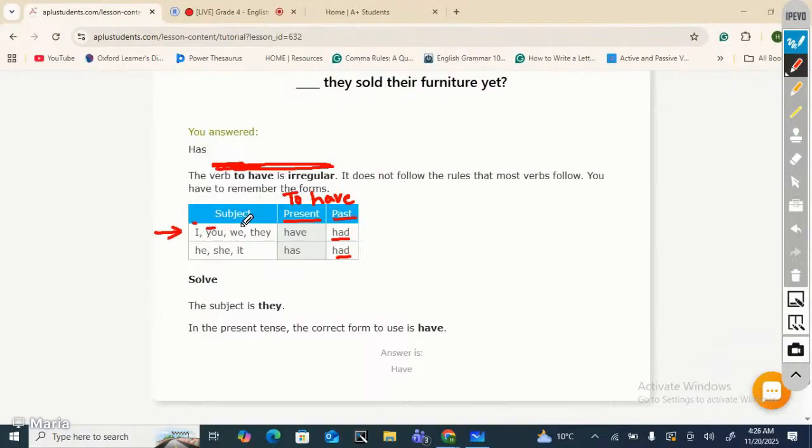With I, you, we, and they, we use have in present tense. And with he, she, it, has is used in present tense.